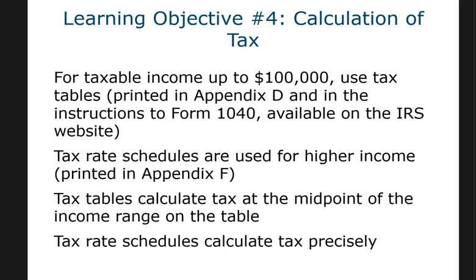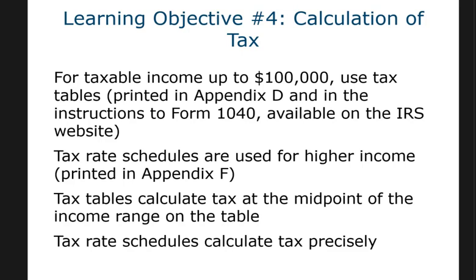Now, once you have your taxable income, then to calculate your tax, you use one of two methods. You can either use the tax tables if your taxable income is up to $100,000. That is the way you're supposed to if your income is up to $100,000.